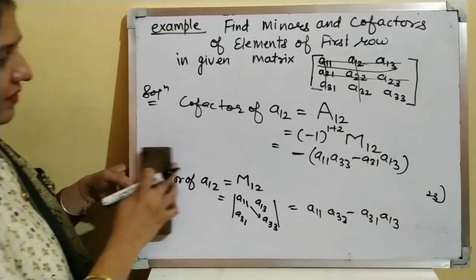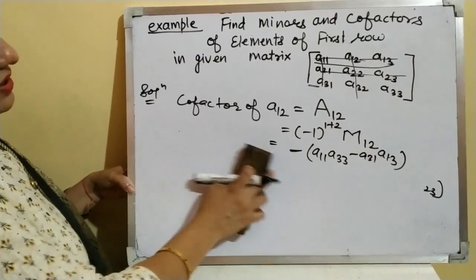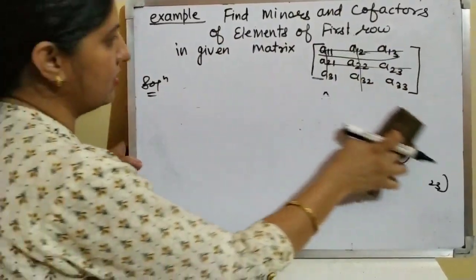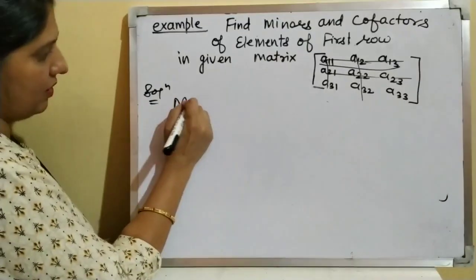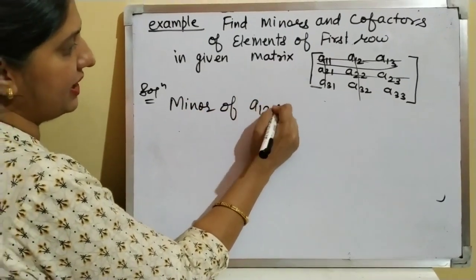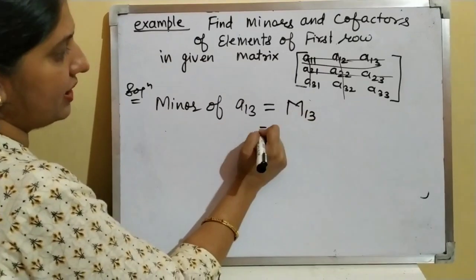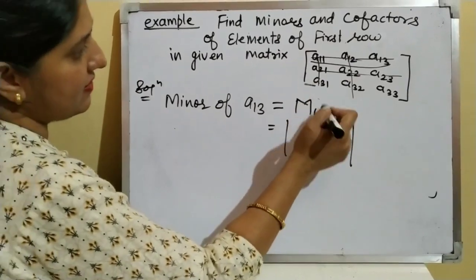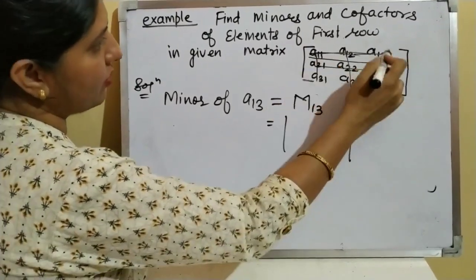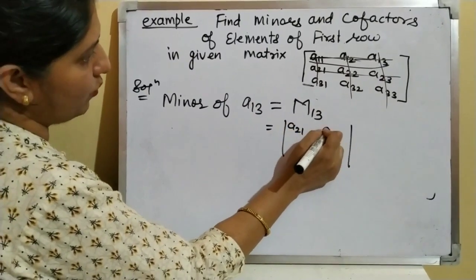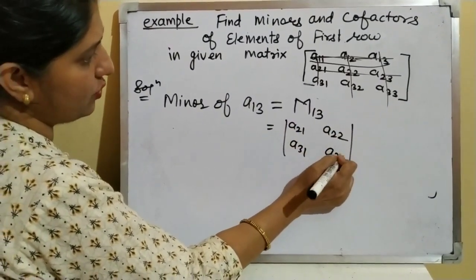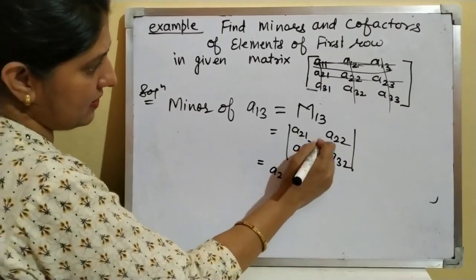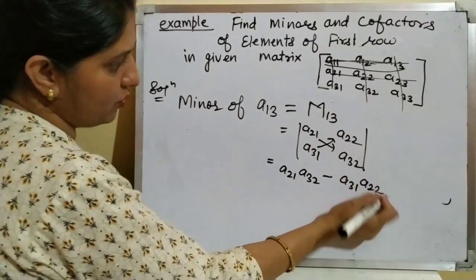In the same way, find the cofactor and minor of the third element of the first row, which is A13. So just calculate. The minor of A13 is denoted by M13. It is the determinant obtained by using the entries left after deleting first row, third column, we get A21, A22, A31, A32. Simplify it: A21 into A32 minus A31 into A22.